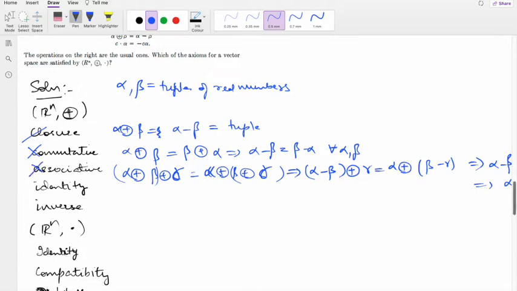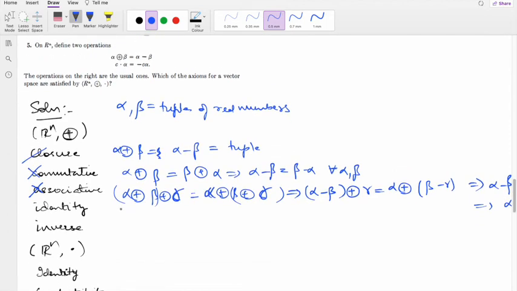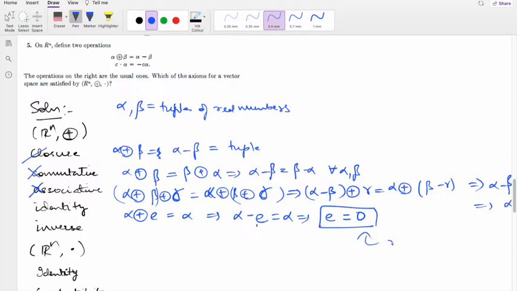Let's talk about identity. Identity tells you that if some element E is there, alpha plus circle E should be equal to alpha, which means alpha minus E should be equal to alpha, which means E has to be the zero vector, the tuple of all zero numbers, n such zeros. That is the element of identity here. So that is fine. The thing is, we generally talk about something called right identity.